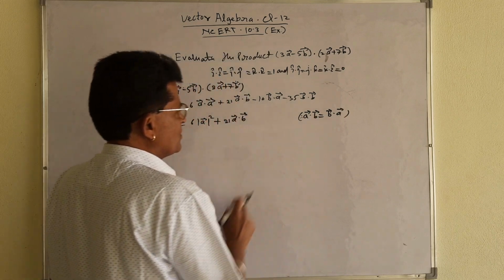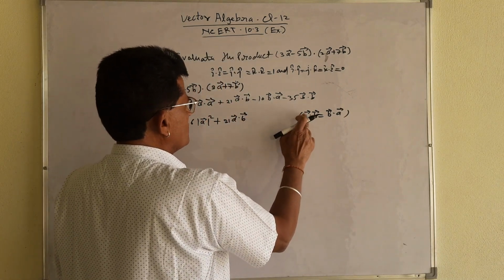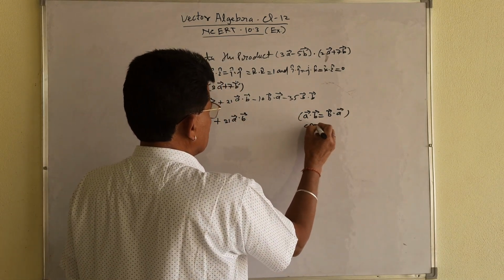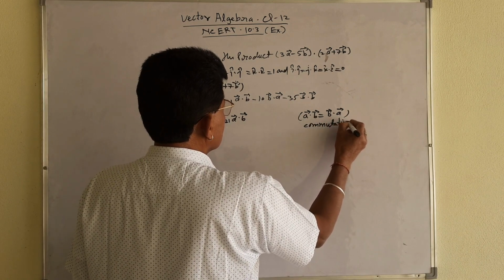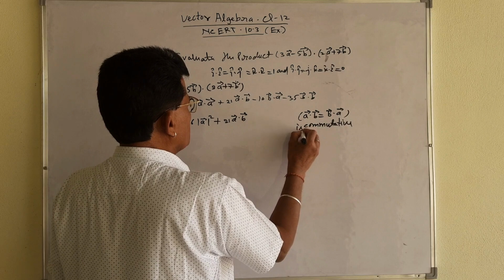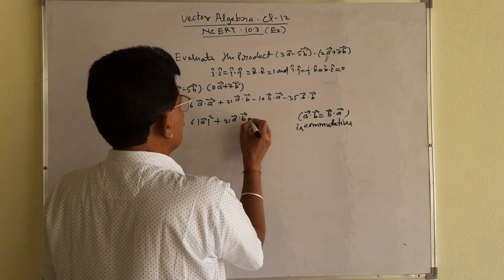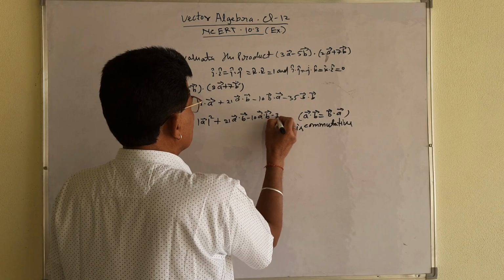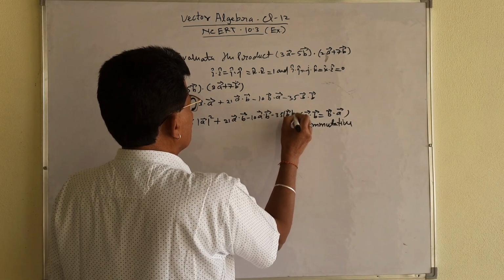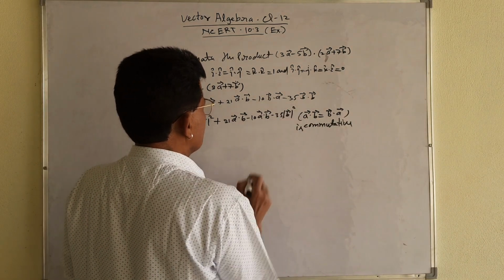This is the most important result. Dot product is commutative. Then you must write minus 10 dot product of a and b. Similarly, minus 35 magnitude of b squared.